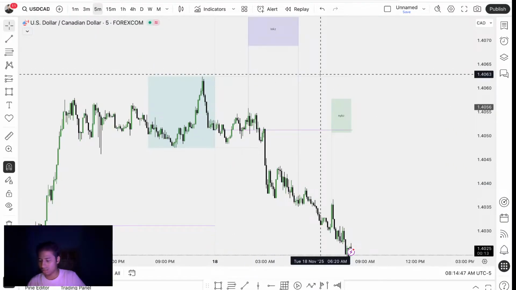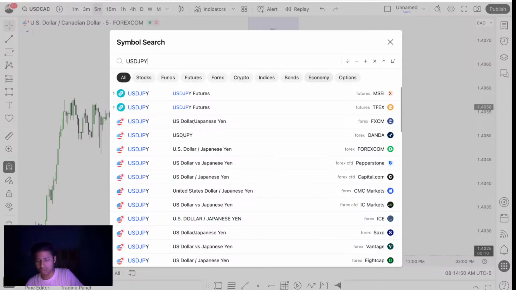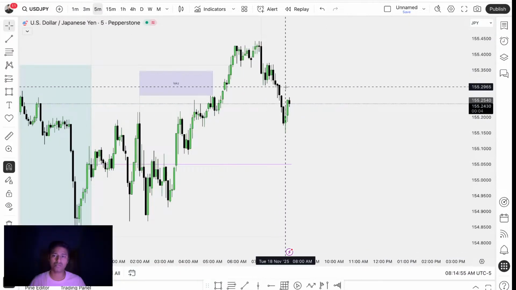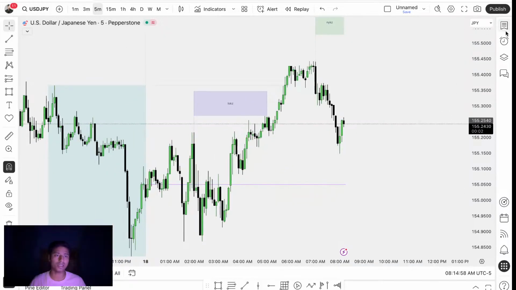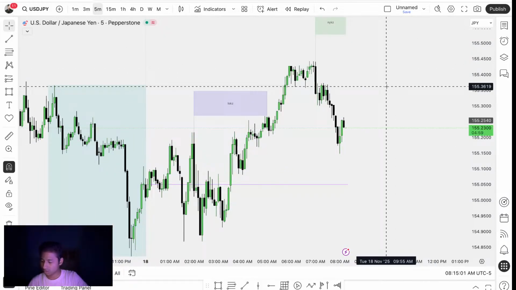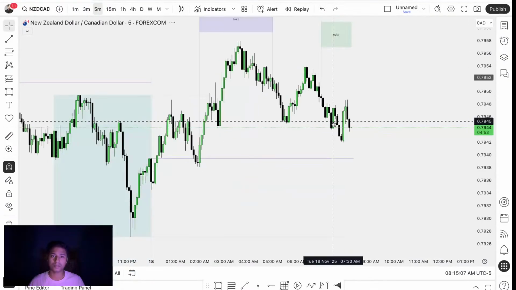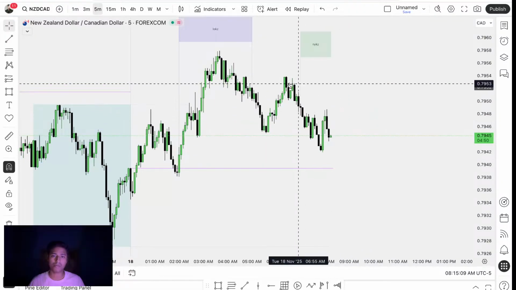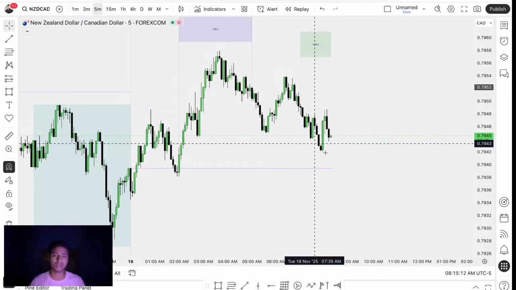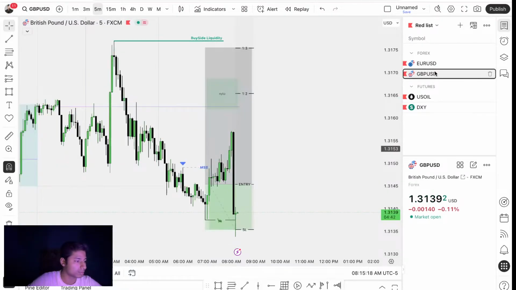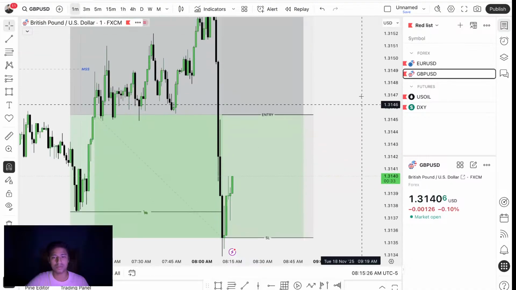I don't know. USDJPY. Not finding any trade. NZDCAD. There isn't any setup. Just the GBPUSD. So let me just jump on 1 minute. Maybe we could find something.